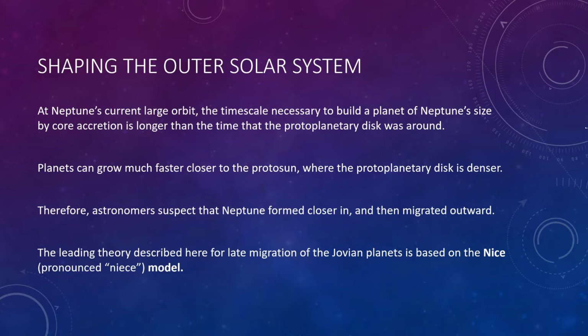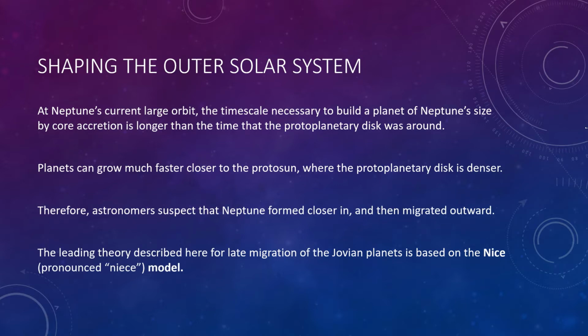At Neptune's current large orbital distance, the timescale necessary to build a planet of Neptune's large size by the core accretion model is much longer than the time that the protoplanetary disk was around. So in other words, with how long our solar system was there to form, there's no way Neptune could have formed where it was because it would have taken too long to collect as much material as it has.